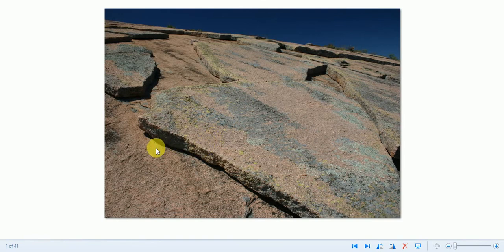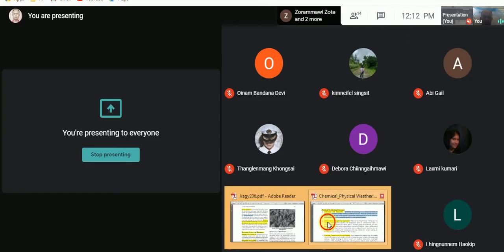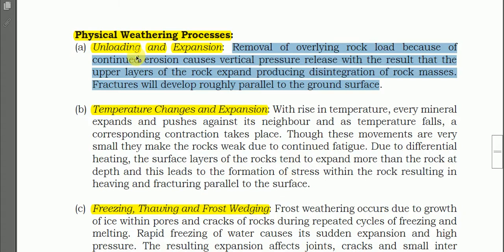Due to the release of pressure, cracks are developed along this line, and so this portion is broken. This is known as exfoliation, and it is due to a release of pressure, that is, expansion due to unloading.